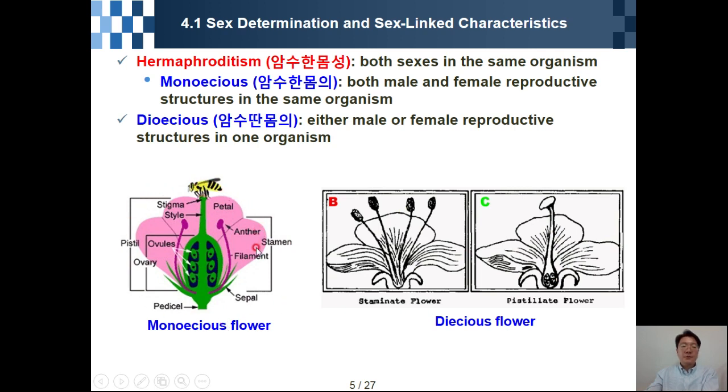How about human? Human is dioecious. Females have the ovary, but males have the sperm. Sperm is the male reproductive structure. Females have the ovary as the female reproductive structure.